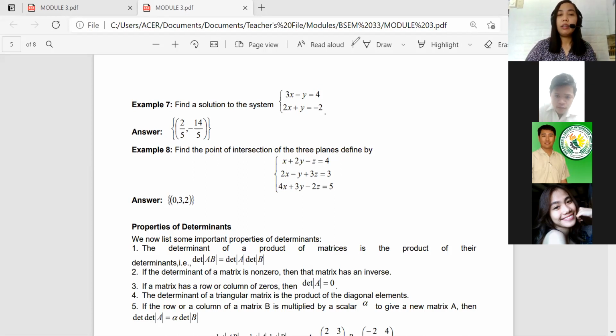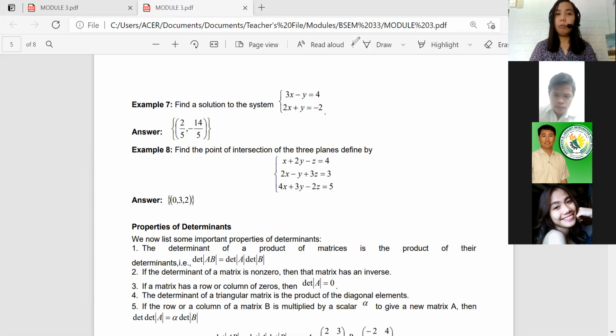So it simply says that the determinant of AB, which is a product of A and B, is equal to the product of their determinants. Determinant of A multiplied by determinant of B. So you can give an example. Siguro, itry nyo siya, 2 by 2 lang muna para mapatunayan na totoo to.